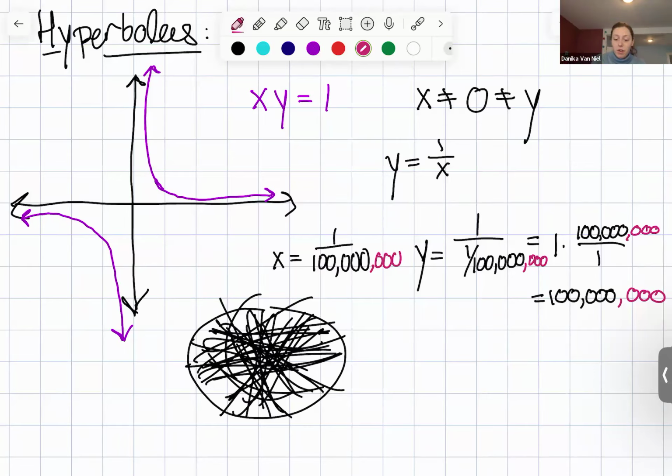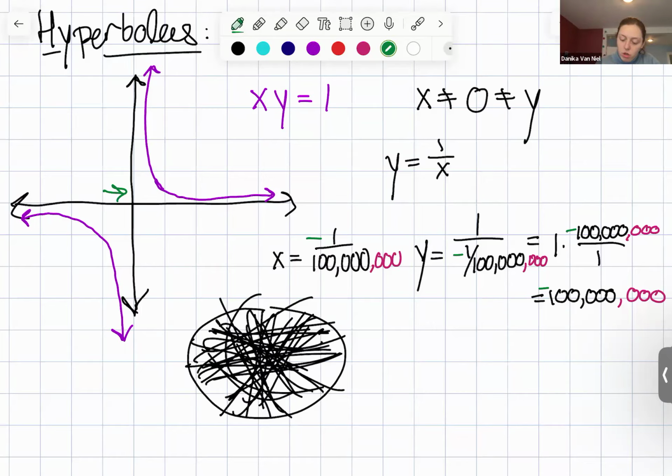But from the negative direction, if I just slap a negative onto this, as x gets closer and closer and closer to zero from the negative direction, y blows up, but just in a negative way, right? But you can see that here, right? As x gets closer and closer to zero, again, sorry, I don't know if I'm mirrored or not, but as x gets closer and closer to zero from the negative direction, y is blowing up in the negative direction, shooting down to negative infinity.